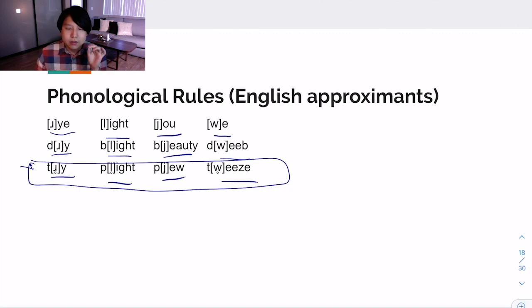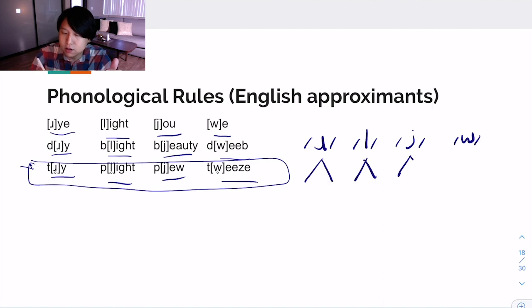So there are four sets of phonological rules where four different approximants, l, r, y, w, are each having two allophones. Voiceless version, voiced version, voiceless version, voiced version, voiceless version, voiced version, and voiceless version, and voiced version.